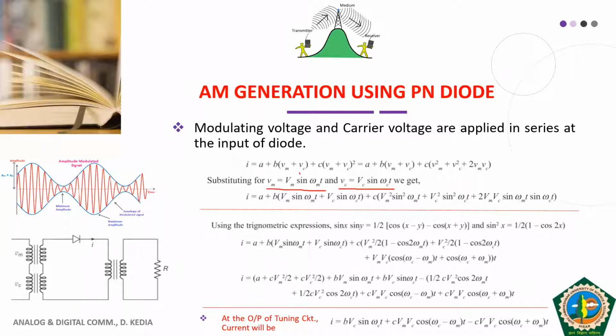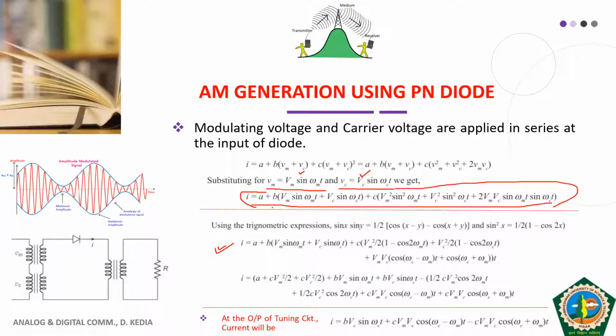So this is the instantaneous value of the modulating signal, and this is the instantaneous value of the carrier. If we substitute these two values, this is what we get. And by using trigonometric expressions and simplifying further, we get this expression. And how do we get that? If you carefully observe the above expression, we have many components.